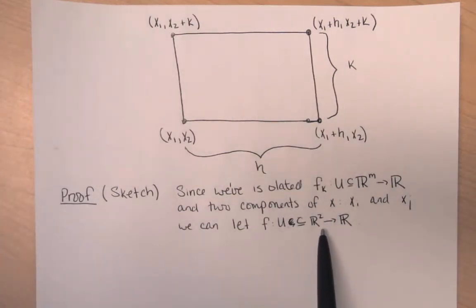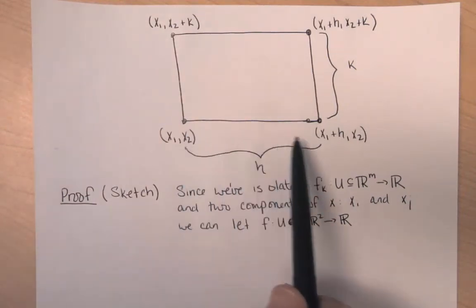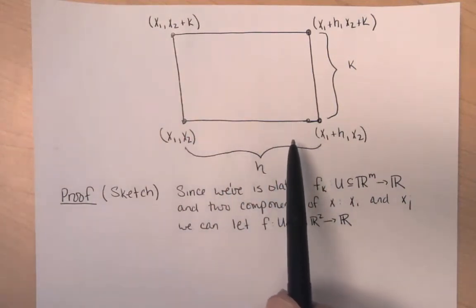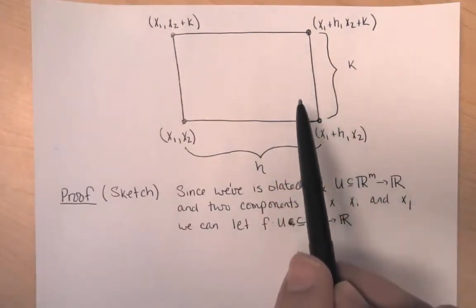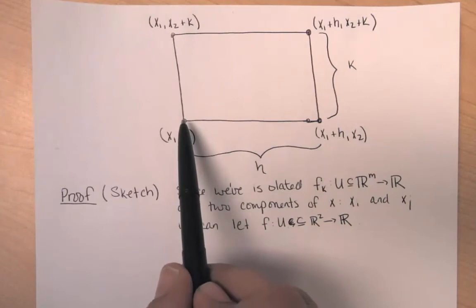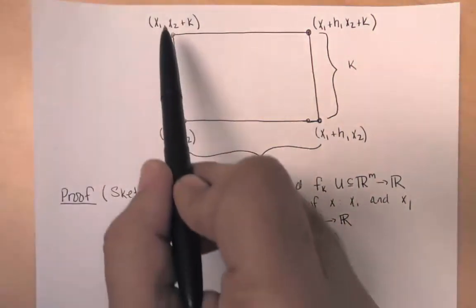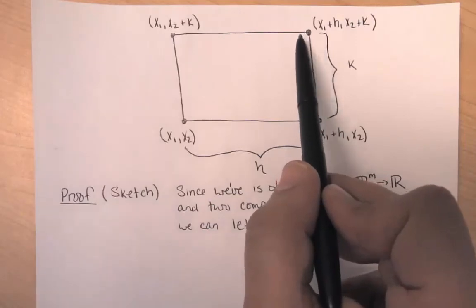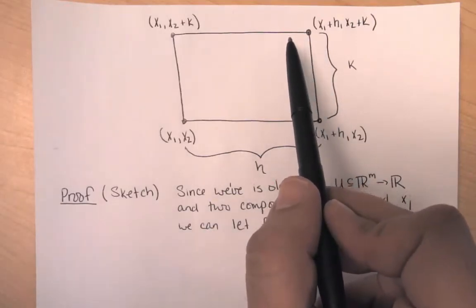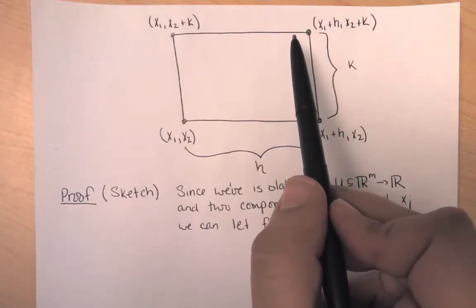So in this setting, what it's saying is, if I take the derivative in the x1 direction and then the derivative in the x2 direction, I'll get the same thing as if I took the derivative in the x2 direction and then the x1 direction, if the hypothesis of my theorem is satisfied, of course.